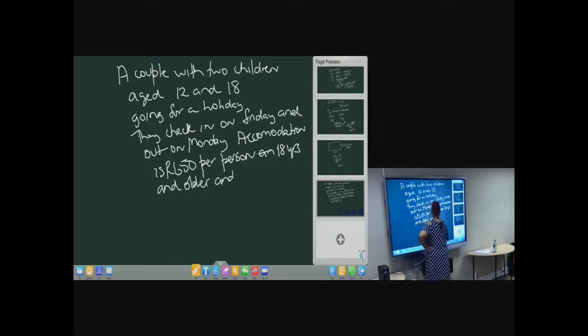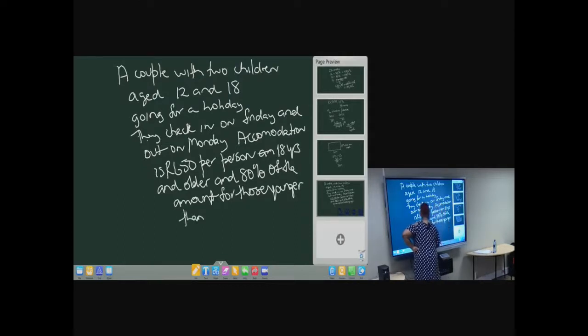And then 80% of the amount for those younger than 18. How much will they pay for accommodation?